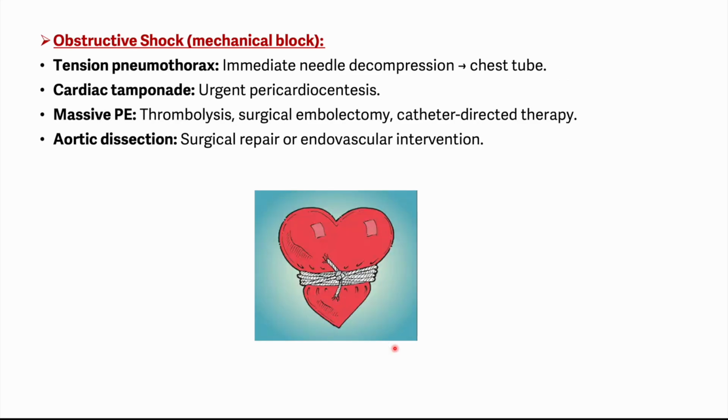Finally, in obstructive shock, the only life-saving option is to remove the obstruction. Do immediate needle decompression for tension pneumothorax or pericardiocentesis for cardiac tamponade, then thrombolysis or embolectomy for massive pulmonary embolism, and surgical or endovascular repair for aortic dissection.